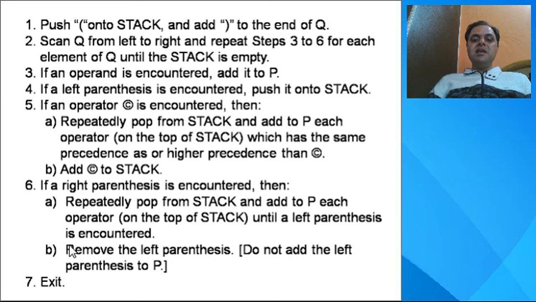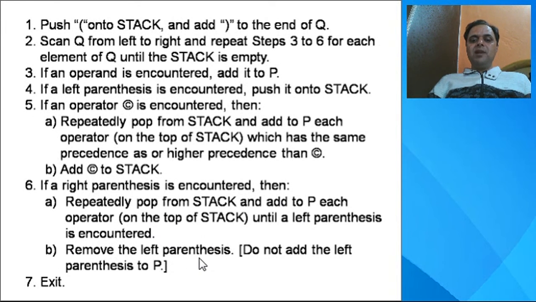Step number 6, if a right parenthesis is encountered, then part A: repeatedly pop from the stack and add to P each operator on the top of the stack until a left parenthesis is encountered. So if you find a right parenthesis, we will pop all the operators from the stack and add them to P until we find the left parenthesis.